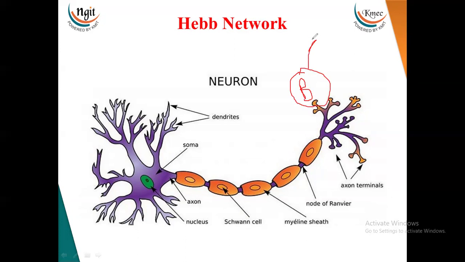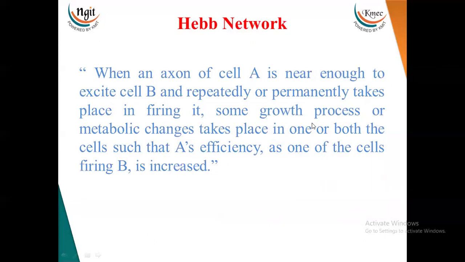Excite means become active. So when it is becoming active, it is increasing the efficiency of A. Because of this particular excitement, A's efficiency is going to increase. So if one neuron is exciting with the increasing of the efficiency of another neuron, this can be done only with the help of the Hebb network. So this type of network is called a Hebb network. It is increasing A's efficiency because of the firing of B.